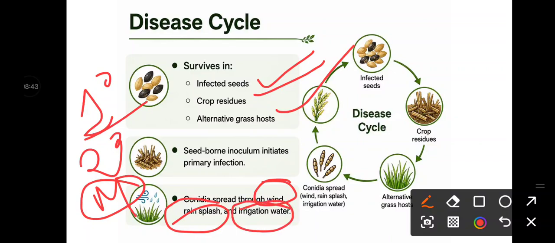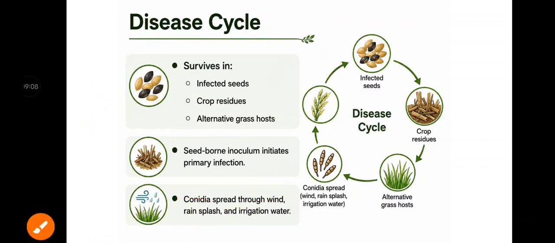Even in the written exams, if it is asked to write the disease cycle, you can mention directly these 3 points: primary spread through the infected seed, crop residue, and alternate grass host; secondary through the conidia; and the mode of spread is through wind, rain splash, and irrigation water.